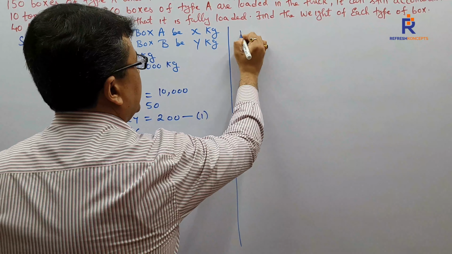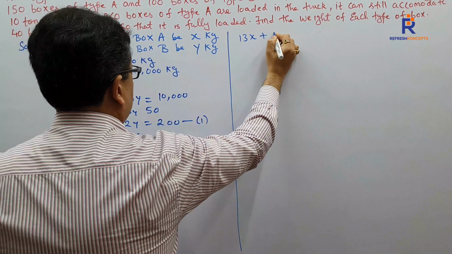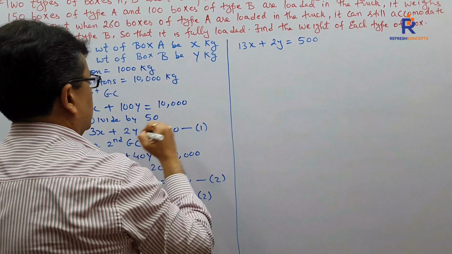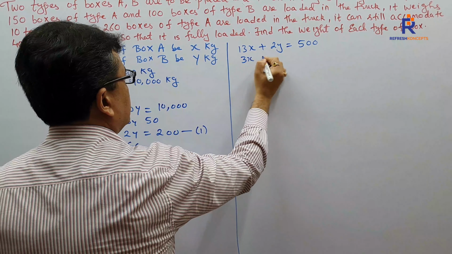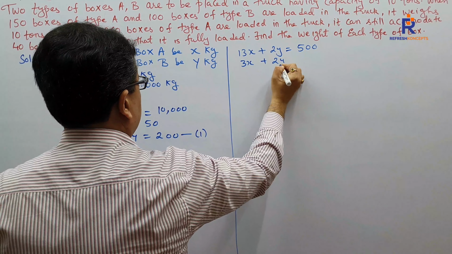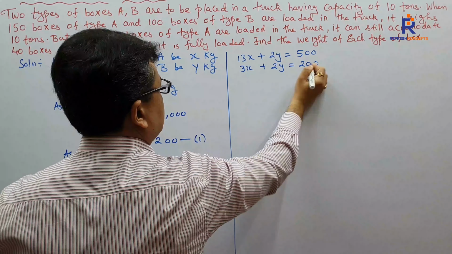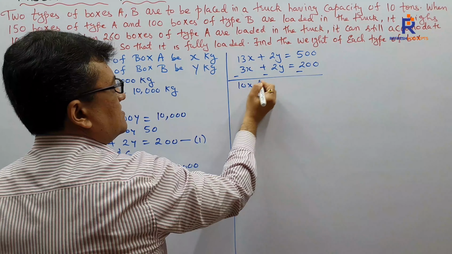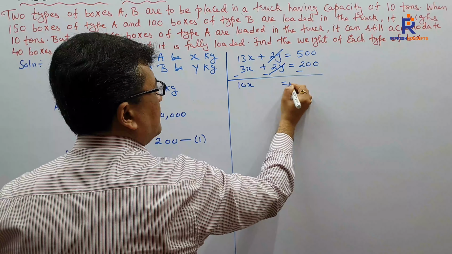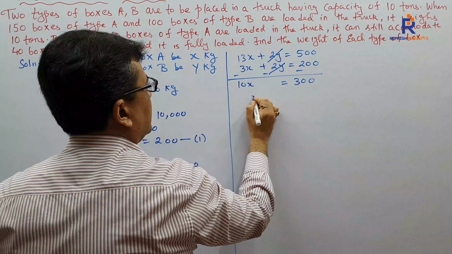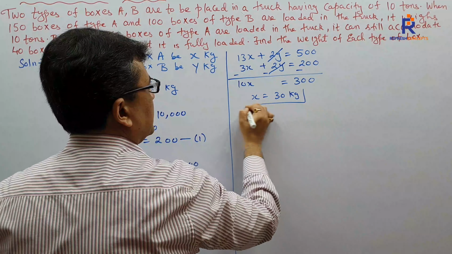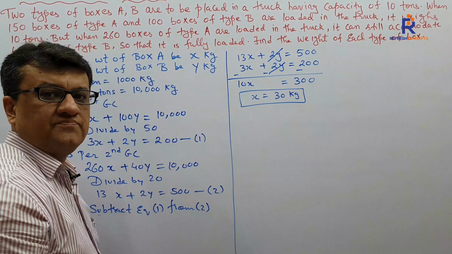I'll write down 13x plus 2y is equals to 500, minus 3x plus 2y is equals to 200. 10x, the 2y gets cancelled off. I'm left with 300. x is equals to 30 kg.